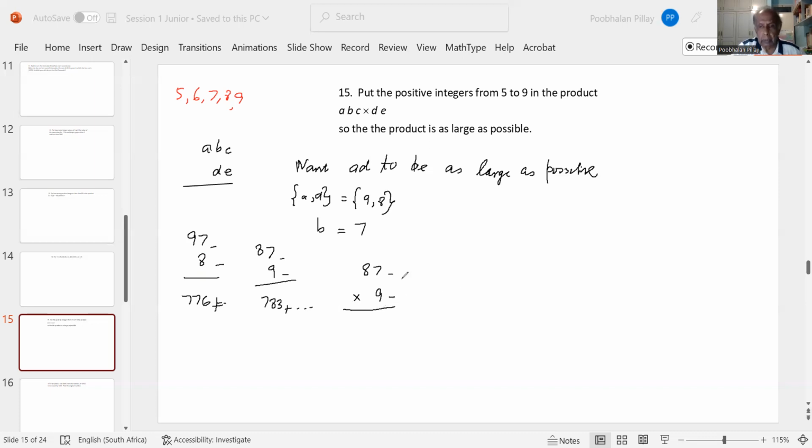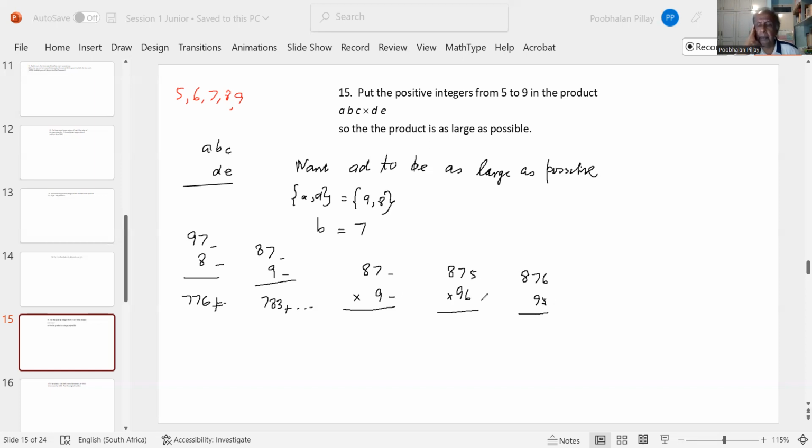So what do you put here? Do you put 5 or 6 here? All right, you can try both of them: 875 times 96, or you can try 876 times 95. Okay, so which of these is bigger?